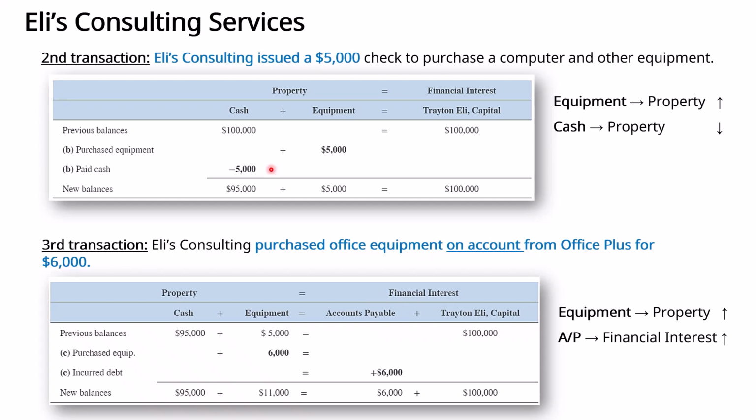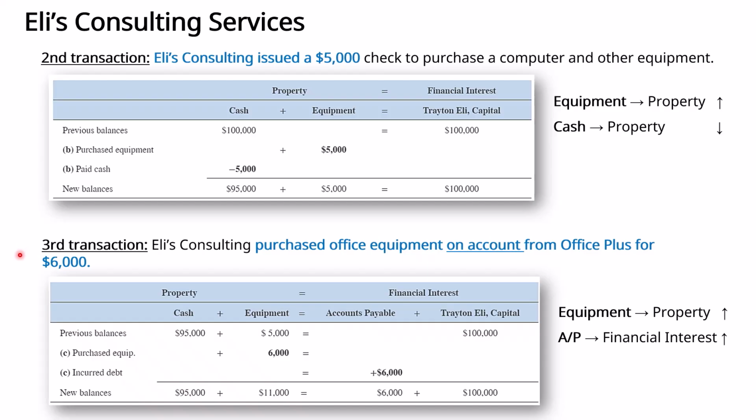Does our equation still balance? Well, let's calculate our new balance. $95,000 in cash and $5,000 in equipment equals a total of $100,000 in property. And the financial interest side shows $100,000 as well. So, does it balance? Yes, it does.